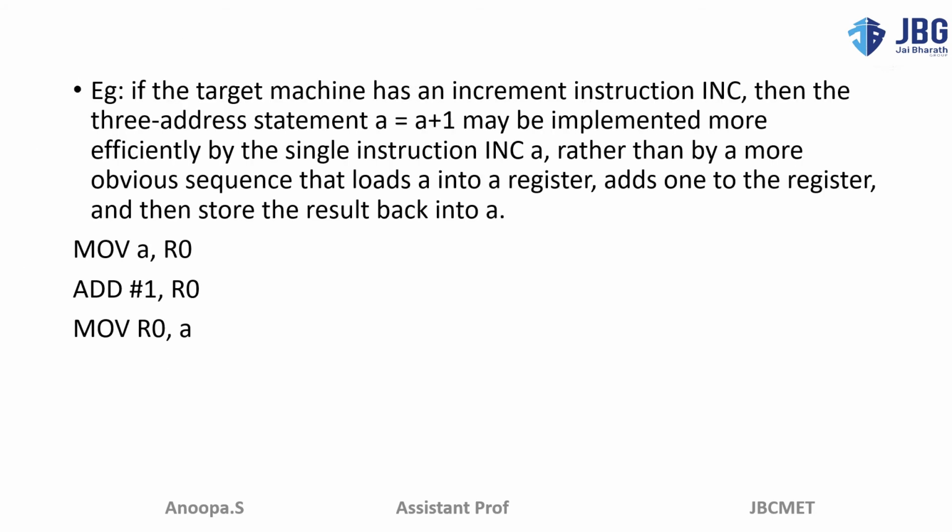For example, if a particular target machine has an instruction for increment, that is, if I can write INC A for A = A + 1, it is an efficient target machine, right? So the efficiency and speed will increase.